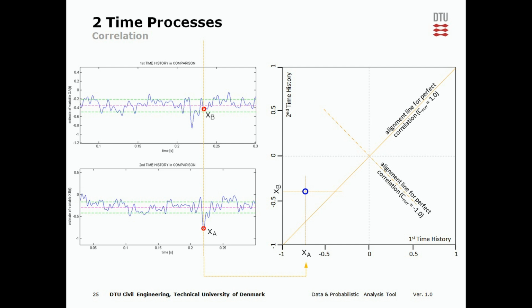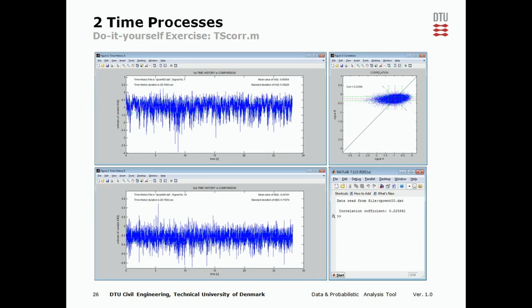This graphic representation can now be repeated for all data points of both time histories and leads to a picture of how these data points follow and how they are correlated to each other. And this is what the script is about.